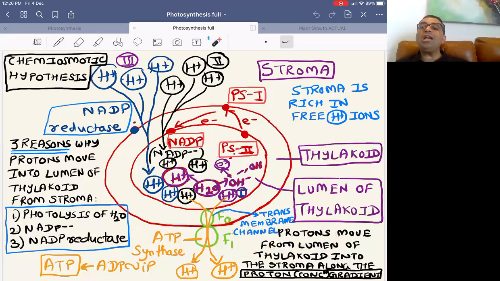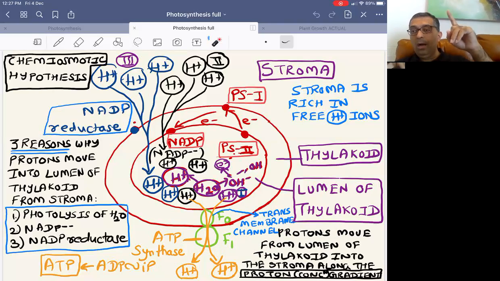Now, what will happen during cyclic and non-cyclic photophosphorylation? In cyclic and non-cyclic photophosphorylation, PS2 and PS1 receive photons, and PS2 at 680 nanometer wavelength loses its electron. PS1 at 700 nanometer wavelength loses its electron. तो समझो नॉन साइक्लिक प्रोसेस हो रहा है. Who will lose electron first?